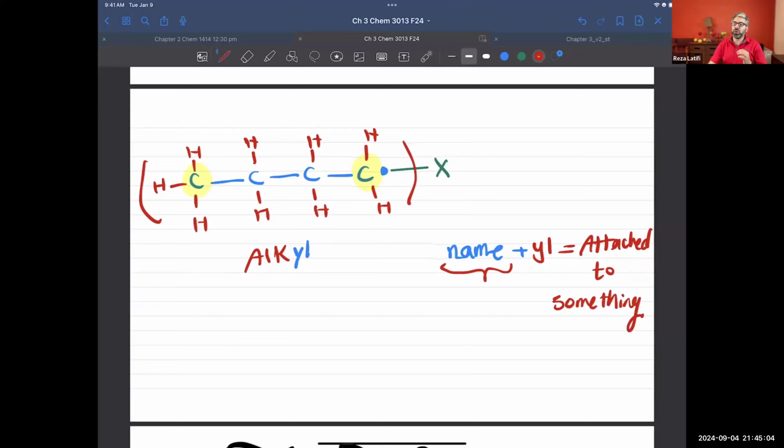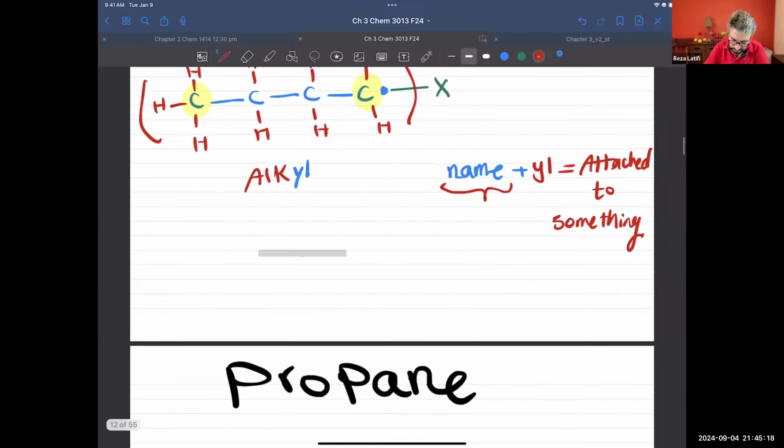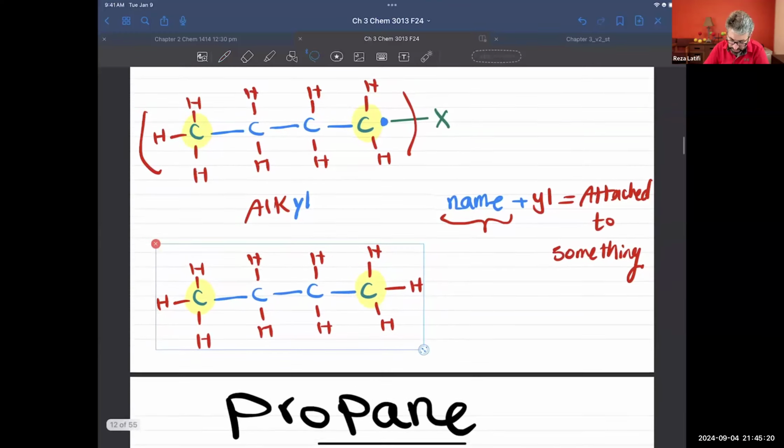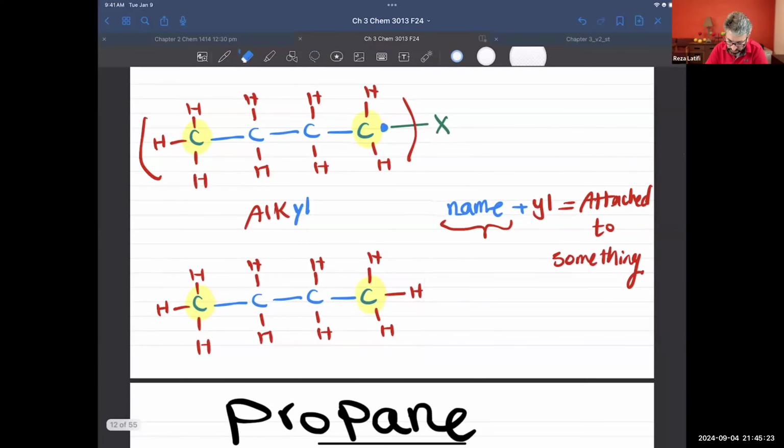So the way we get alkyl, we take one hydrogen from the system, and that's going to leave us with a carbon that is not saturated. That carbon will be attached to something else. Again, I can take this hydrogen, and if I do it, then that carbon is not going to be saturated.